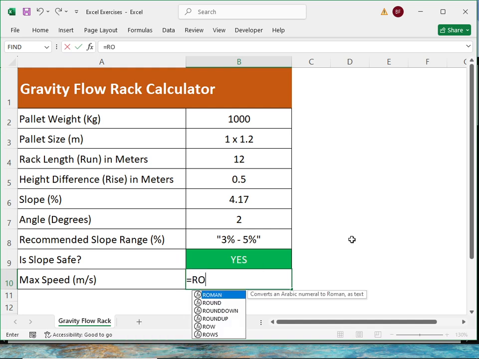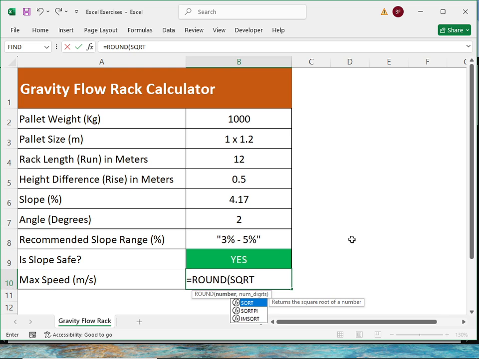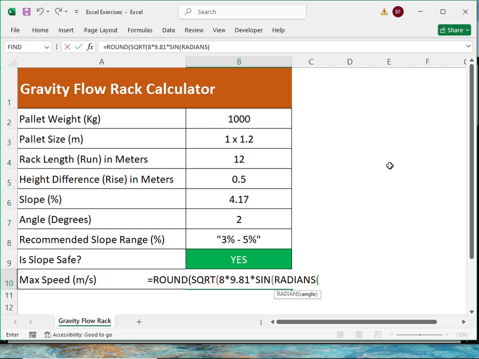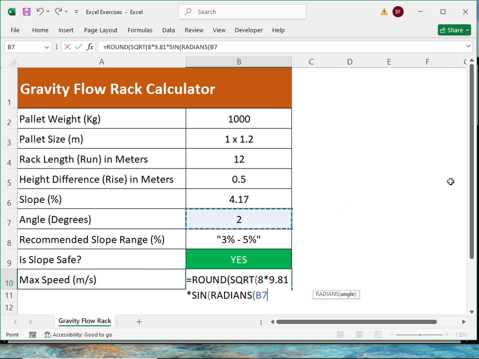I'm going to start with ROUND, then SQRT, the square root of 2 times 9.81, which is the acceleration of gravity, multiplied by sine of radians, and then the angle of 2 degrees, B7.